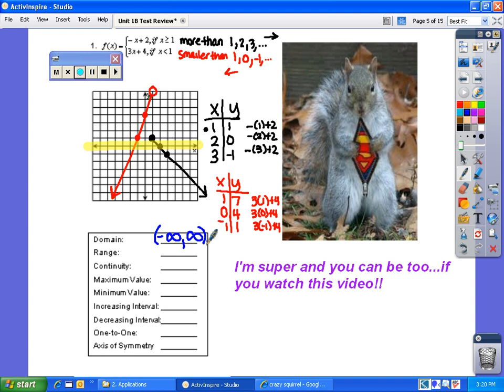The range is how low and how high does this graph go. Well, if I look to the lowest part, I see that the graph is going lower and lower all the way to negative infinity. Then I see here that it stops, kind of.